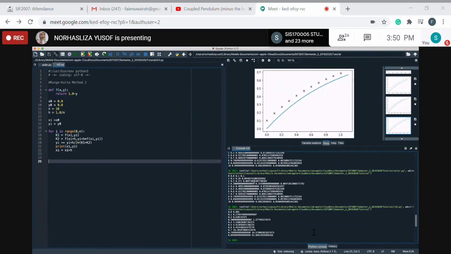You can see here, this is from Euler's method, and this is coming from the RK. You can see how much the difference is? A lot, right?